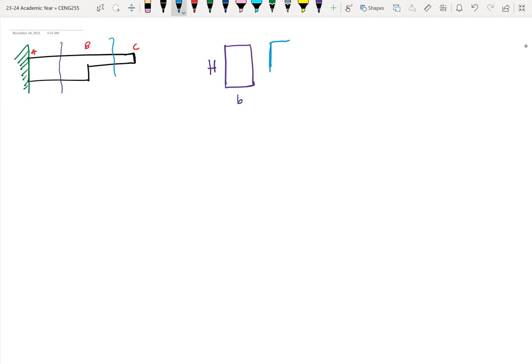Let me make sure they look about the same. So the base does have the same B, but now the H is different, which means that in this case, the H is bigger than small h. It's the same beam. We have that a lot in structures, where for one length of a beam, the sizes vary along the same beam.